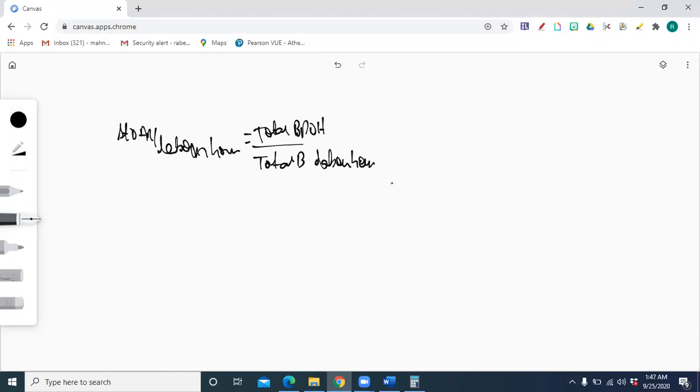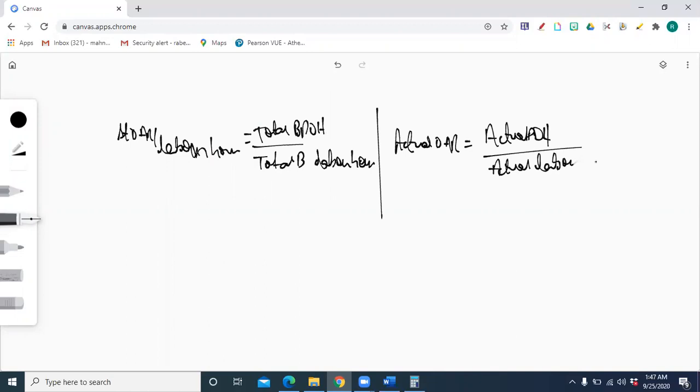And how is actual OAR calculated? Actual overhead absorption rate is actual production overhead divided by actual labor hours. That we will come to at the end of the period, not before the period. So before the period, we're just absorbing on the basis of the standard, predetermined and estimated rate.